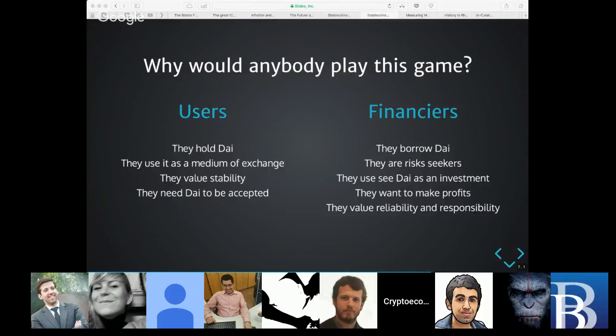Then we have the financiers, who are people that will borrow DAI. So they will be the ones responsible for creating liquidity in the DAI market, so issuing them or buying them or removing them from circulation. And they will do that only if there is a profit to be made, right?